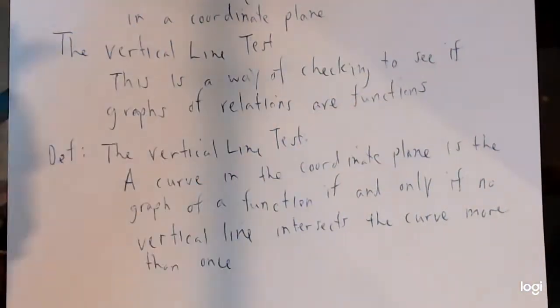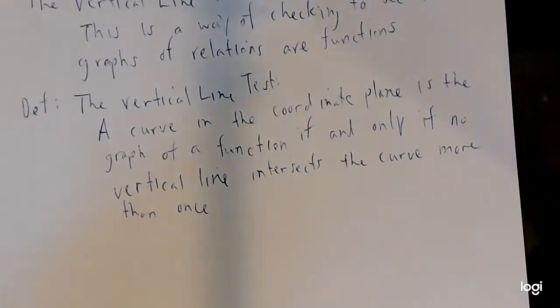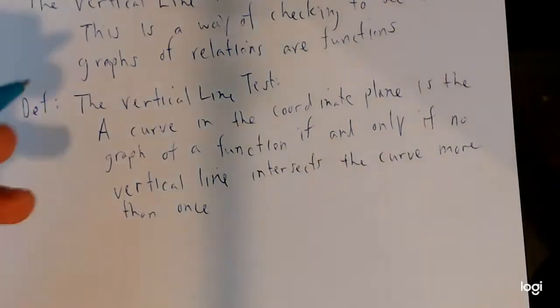So basically what we're saying is if you could find a vertical line that intersects the curve more than once, then it's definitely not a function. If you can't, then it is a function.